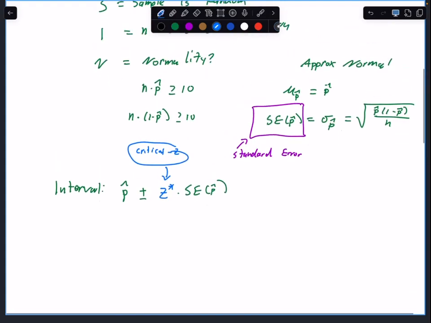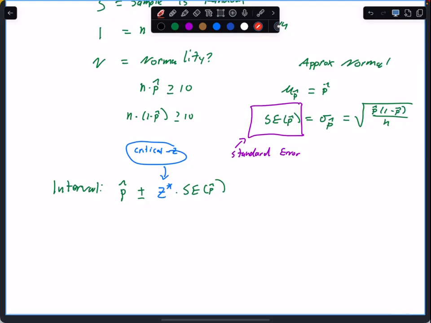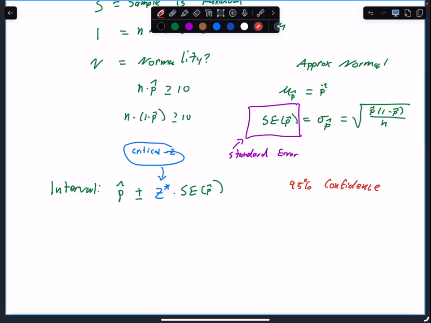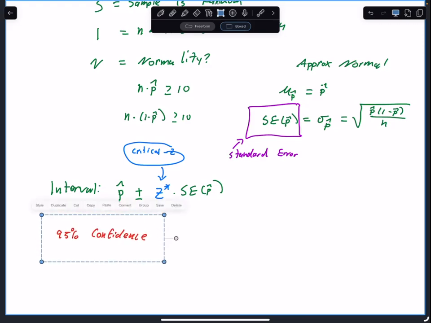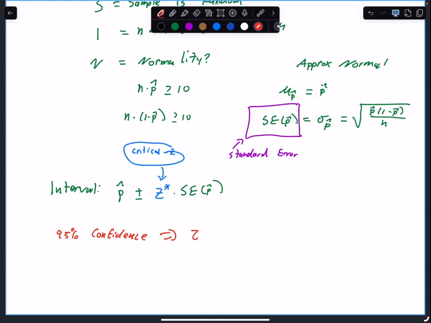Now, for right here, we want to be 95% confident. And if we're going to be 95% confident, then that means that z star is about 2.